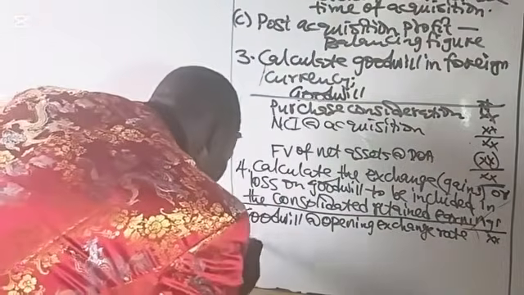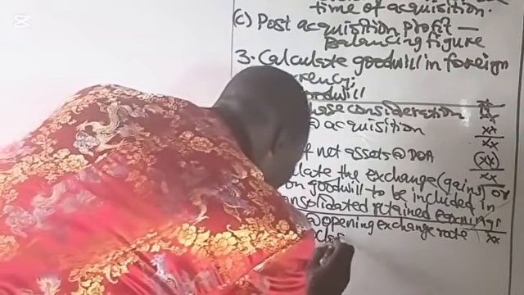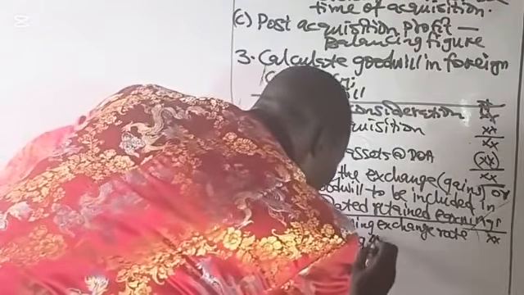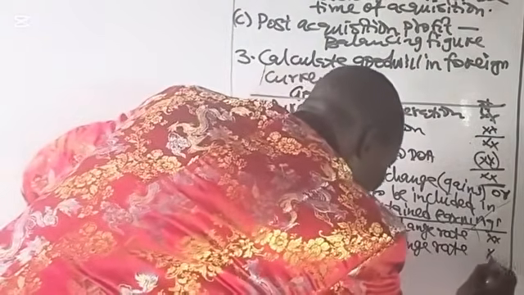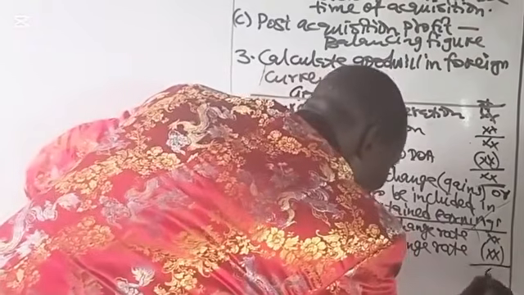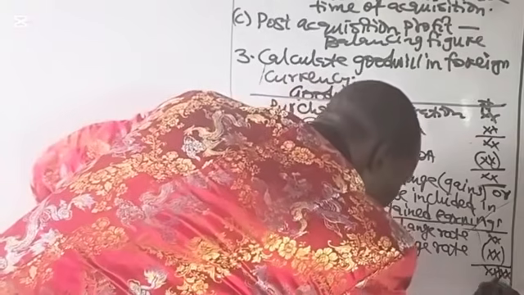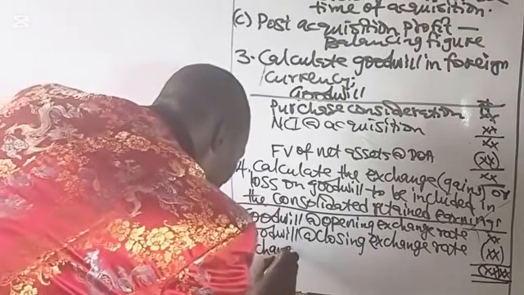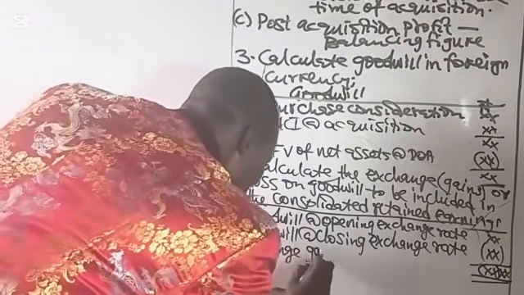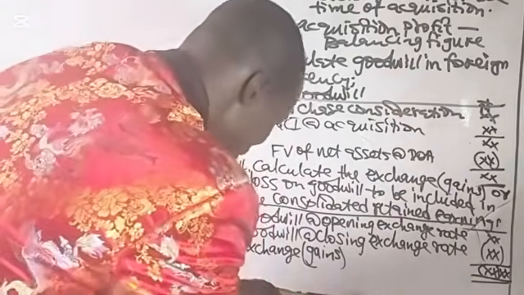Then we also have goodwill translated at the closing exchange rate. I've told you the closing exchange rate is the exchange rate at the balance sheet date. So the difference could be exchange gains. If it is negative, it is gains.